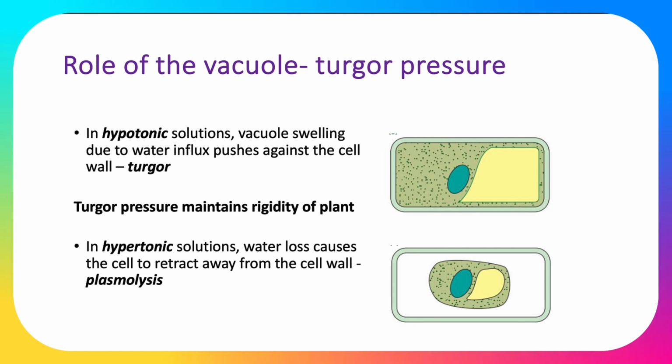So we're going to talk about the stomata in just a moment, but the other thing we need to talk about was the vacuole. The vacuole is helpful for storing water inside the cell of plant cells.